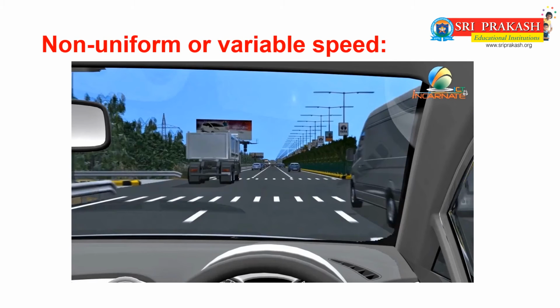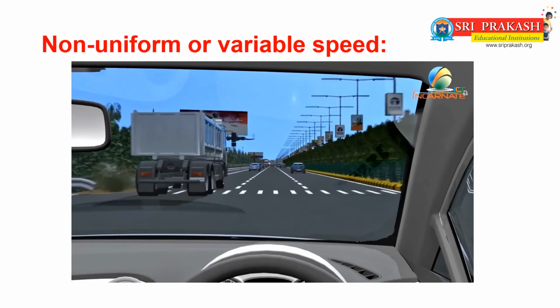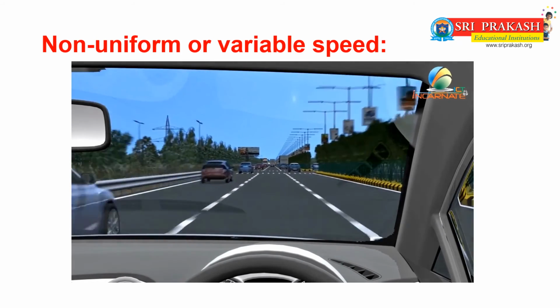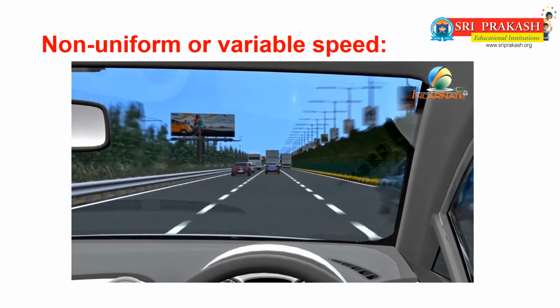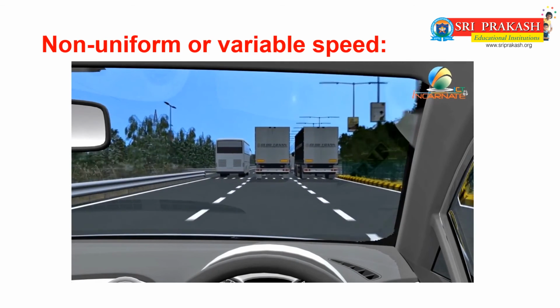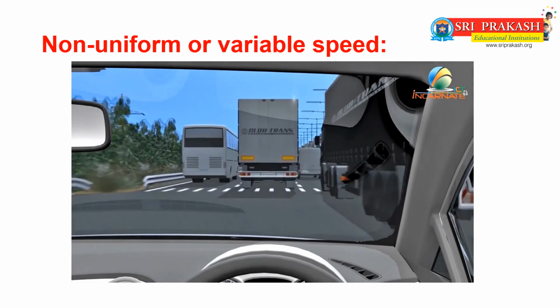Non-uniform or variable speed. This we come across in our day-to-day life. So consider this small video where the car initially accelerates, and then when the vehicles in front of it are moving slowly, it has to reduce the speed.